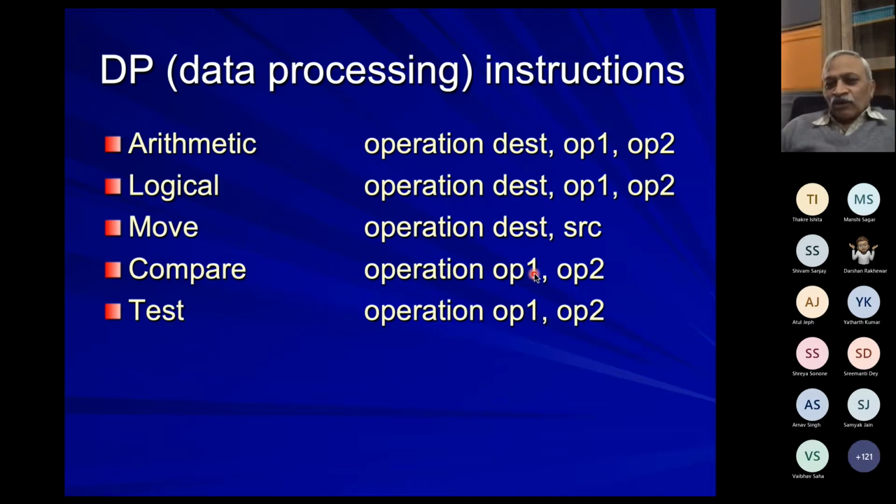The result goes to set or reset certain flags. I'll describe what this means. But the result is not going to one of those 16 registers. A similar instruction is the test instruction, which also takes two operands, performs some logical operation, and the result is put in flags.